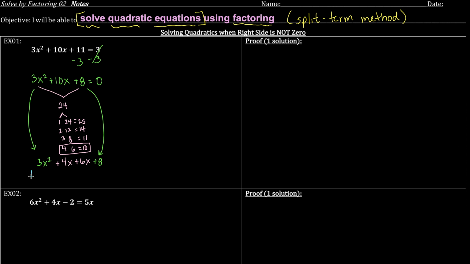So just 1x times 3x. 1x times 3x is 3x squared. 1x times what is 4x? 1x times 4. And then we're going to copy this over as 3x plus 4. And then what times 3x plus 4 gives me 6x plus 8? 2. And it needs to be a positive.